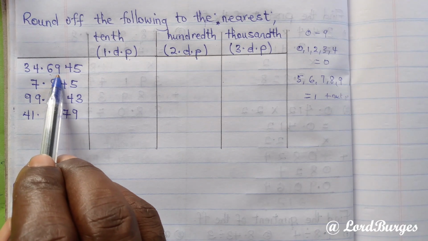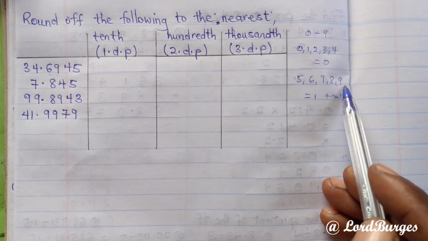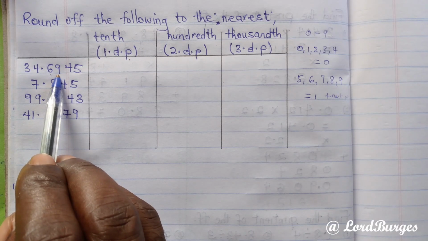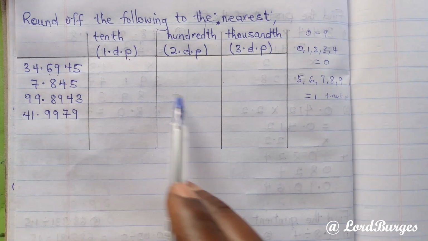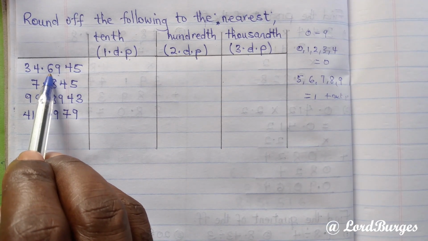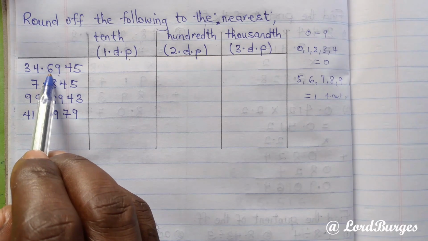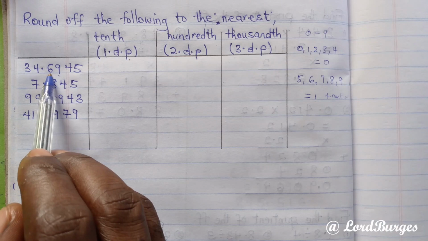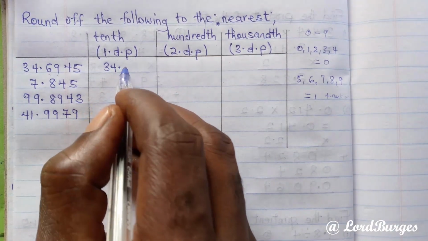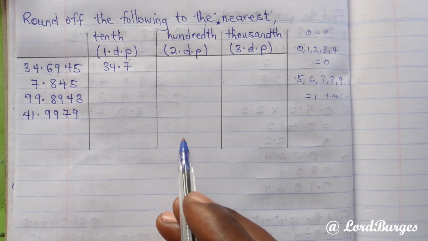Does this 9 fall within 0 to 4 or 5 to 9? You can see the 9 falls within 5 to 9, so this 9 will become 1. Then you add the 1 to where you are standing. So 1 plus 6 gives me 7. Therefore, 1 decimal place becomes 34.7.